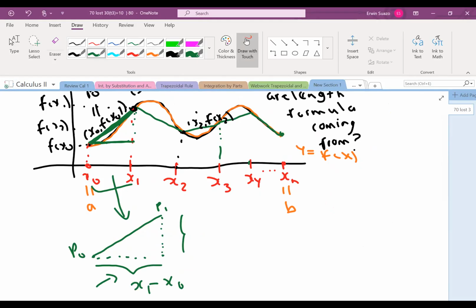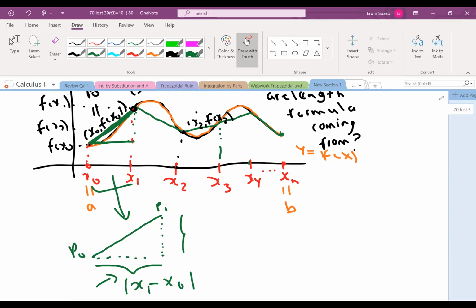And this is distance, so really it should be the absolute value. I'll probably put just x1 minus x0 in absolute value, because it could be negative. Distance is positive, so I want to avoid those. For example, at the end, I might have a negative. So distance is positive.